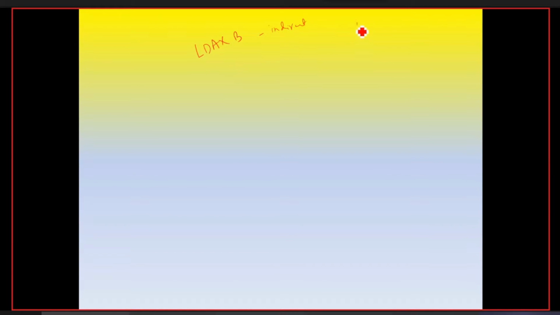अभी तक हमने क्या किया था? LDA 2400. This is direct. We are specifying the address. This is LDAX B. If X is there in an instruction, it means that it is involved in a 16-bit operation.